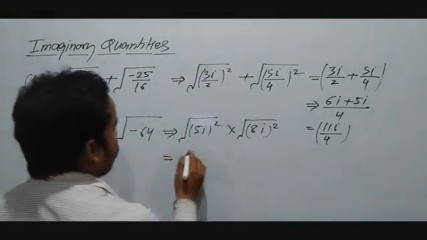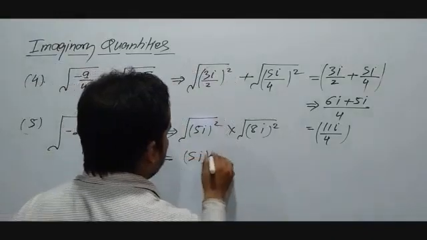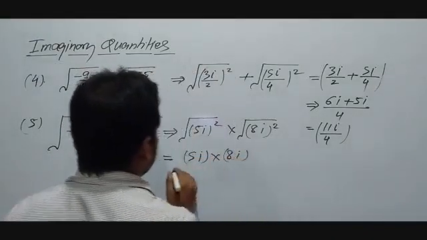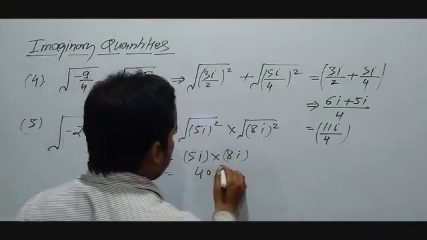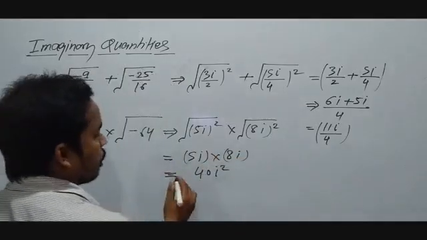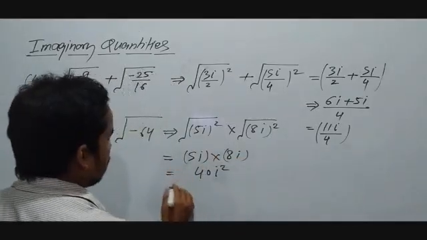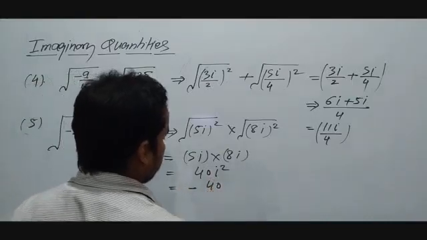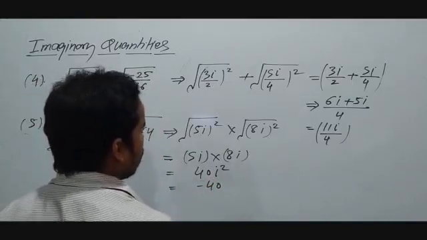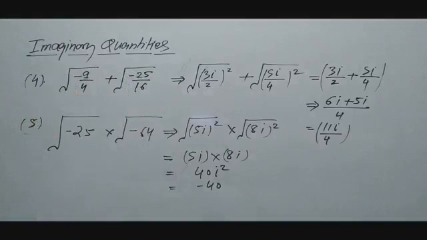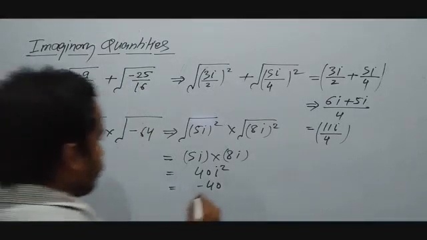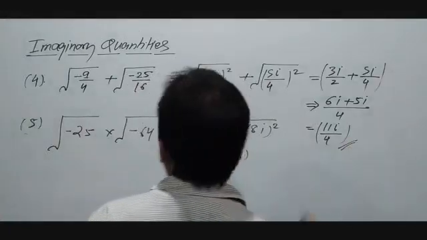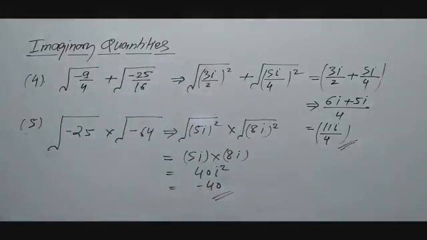Now square root and square will cancel out, so result will be 5i into 8i, and result will be 40i square, and 40i square means its result is minus 40. i square value is minus 1, so minus 40. Now these are the examples related to imaginary quantities.